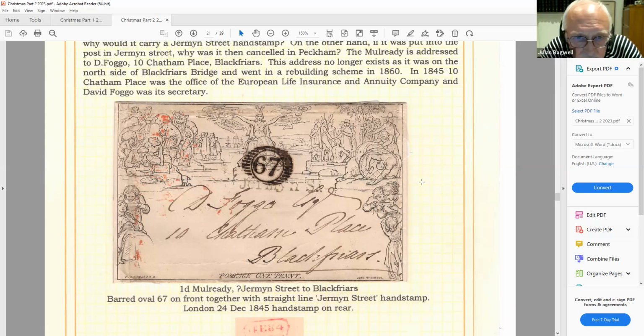But of course, if you'd paid for a mulberry, they were still valid for postage. So this one in 1845, the Maltese cross is no longer in use, and so you had to cancel with different obliterators. And this is a 67 with a German street marking underneath. So those are mulberries.